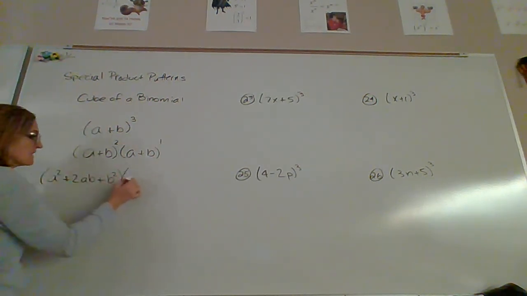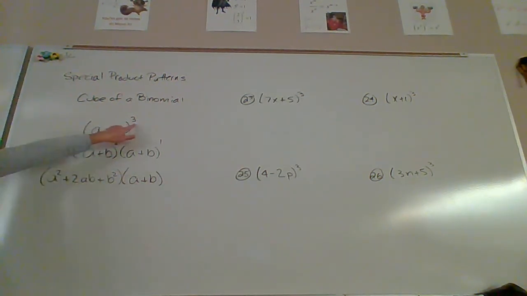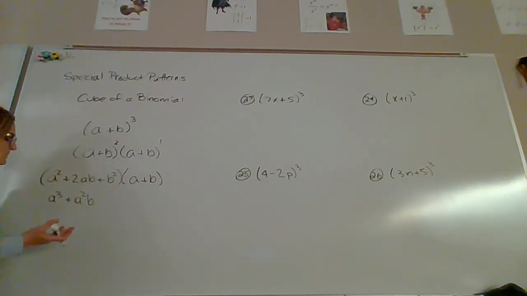The only thing we have left to do is multiply it by one more a plus b to get all three of our factors multiplied together. All right, and we'll do our distribution. That's going to give us a to the third plus a squared b. When you're writing a term that has multiple variables, it's standard common practice to put the variables in alphabetical order.